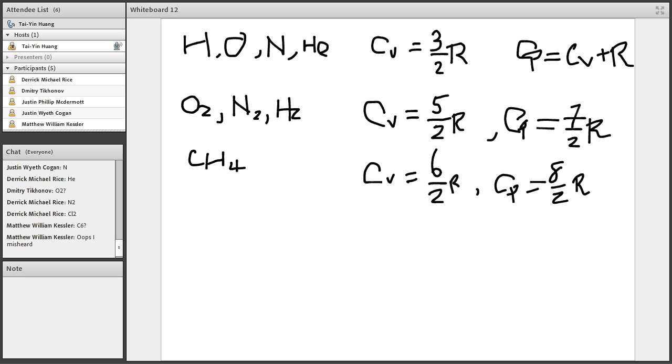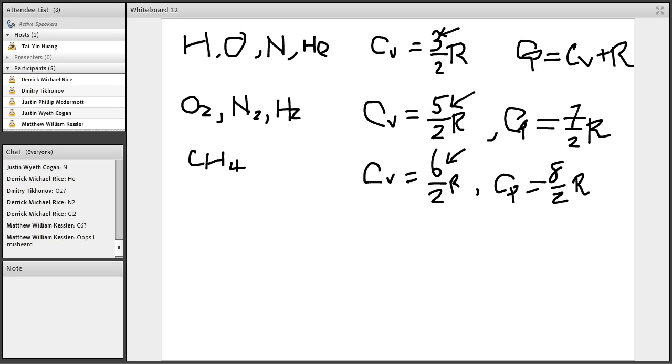So what it means is that you can see that your CV value is proportional to 3, 5, or 6. This 3 represents the X, Y, Z directions. This 5 represents the X, Y, Z directions plus 2 directions for rotation. And this 6 represents the 3 Cartesian coordinates X, Y, Z, and then 3 rotations along the axes connecting these atoms.